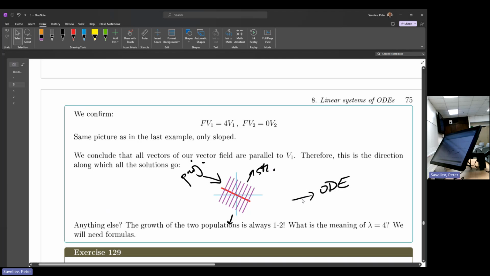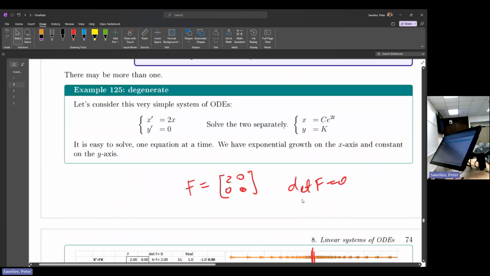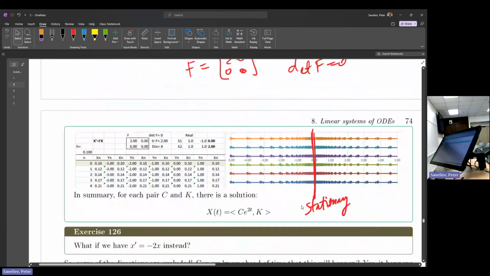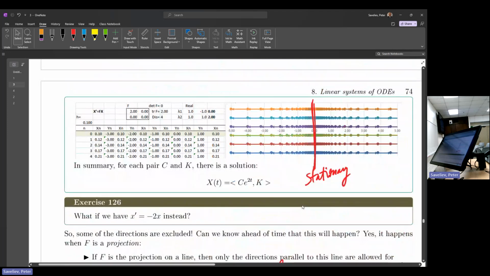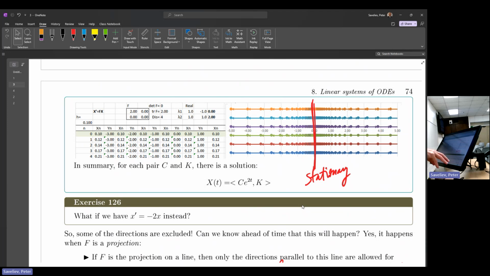Well, they will always look exactly the same, maybe rotated, so that picture will repeat itself. Every time your linear operator has a projection in it, and lambda is in this case once again positive, there will be exponential growth away from that line.